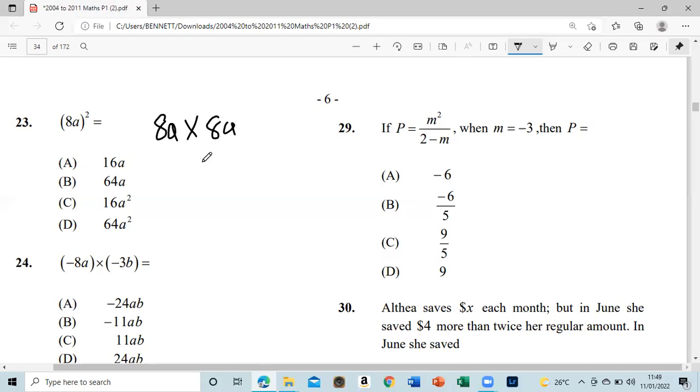That is 64, since 8 times 8 is 64. Remember, add the index, so that will be 64.